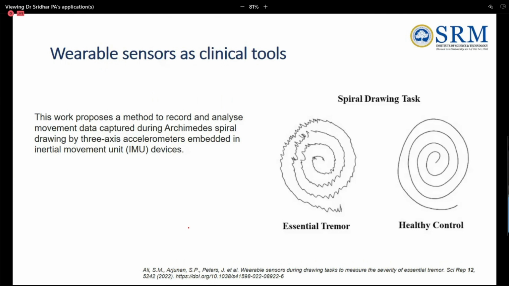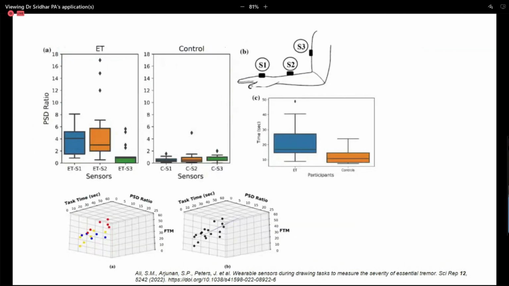So we have used a simple technique to record based on time, so we can see the essential tremor participants. This has nothing to do with the real physiological tremor, but we saw there is a change in the location of the sensor.